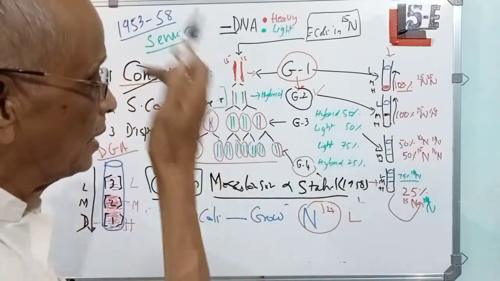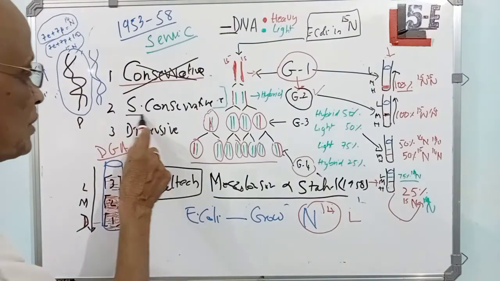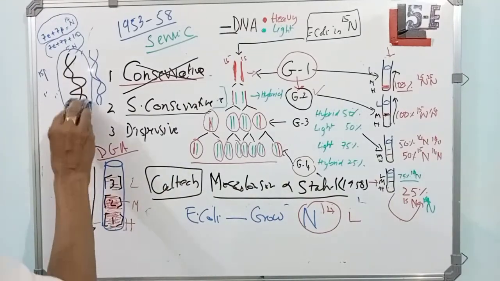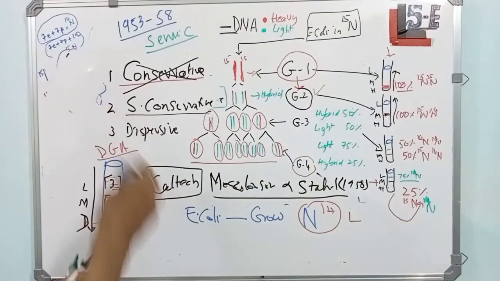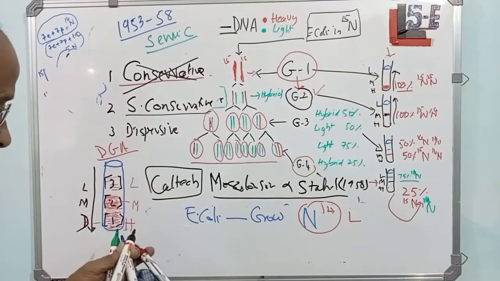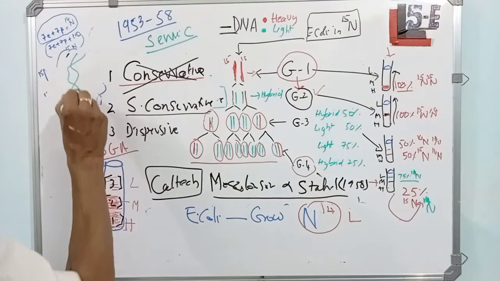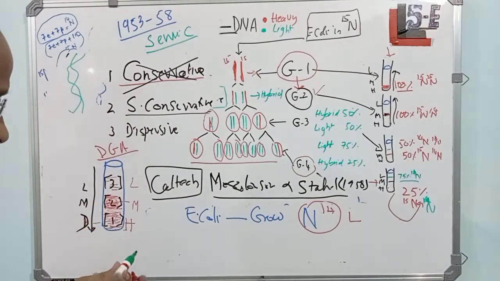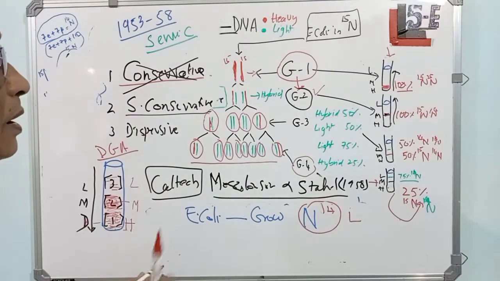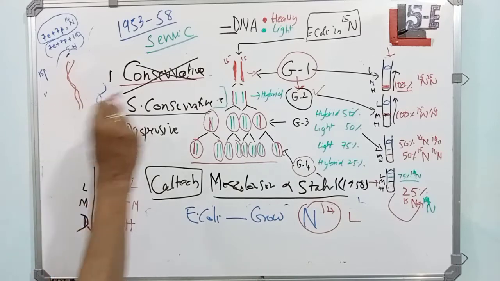So the next one was the semi-conservative. In this technique, what we understand is that the original form of the DNA, that is the parental DNA, the original thing was the G1, the one that contains the heavy material.